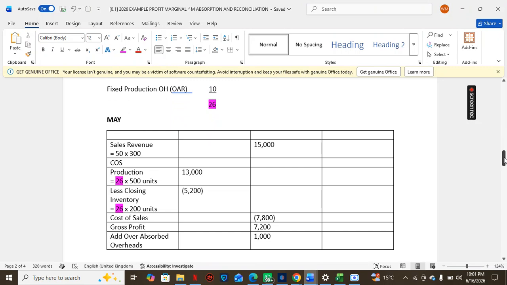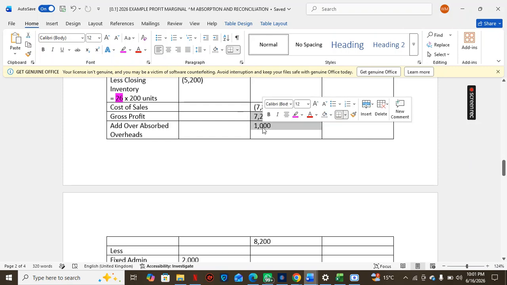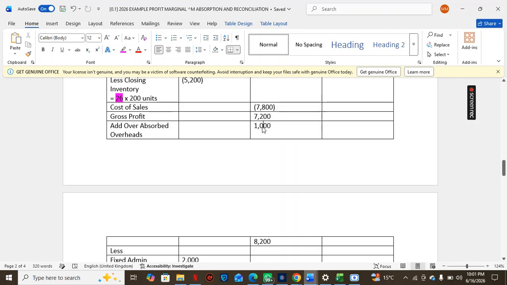So you need to add the over absorbed overheads. This deflated gross profit plus this adjustment, 7,200 plus 1,000, we get 8,200 as our adjusted profit.